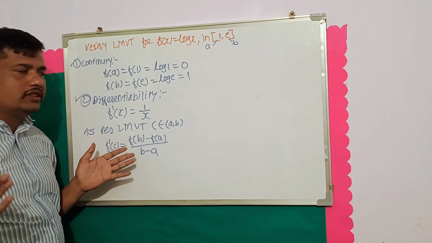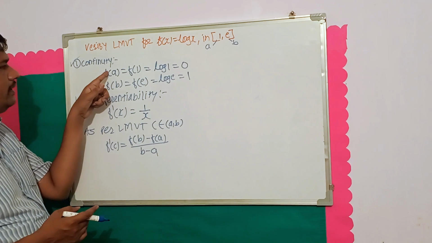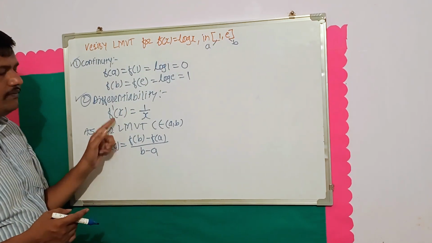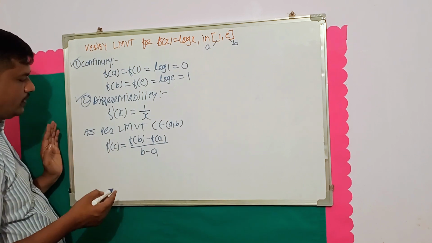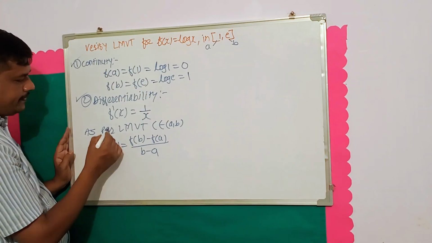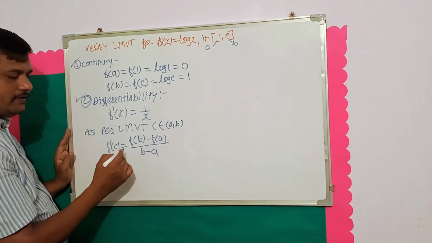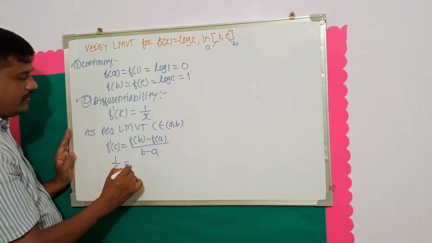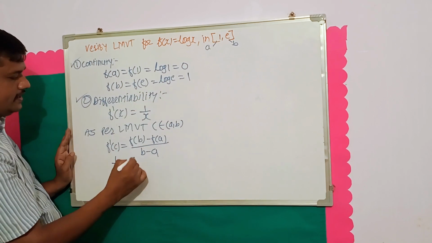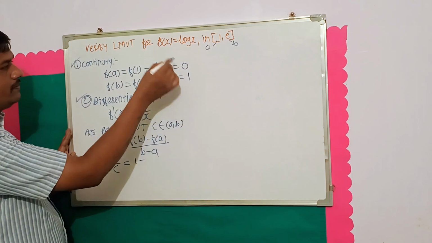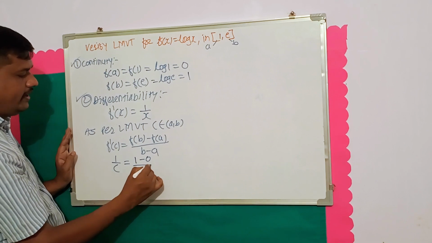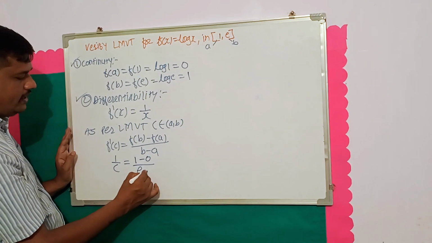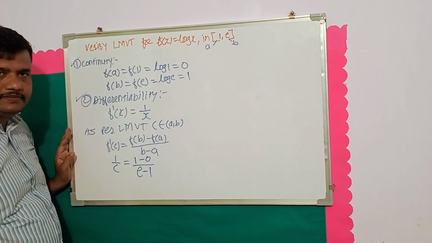Now we have all the values. We have f of b, f of a, we have a, we have b, and we also have f dash of x. So putting together all these values, here f dash of x is 1 upon x, so f dash of c will be 1 upon c, and it is equal to f of b, you can check it is 1, minus f of a is 0, divided by b minus a. b is e, and a is 1, so it is e minus 1.